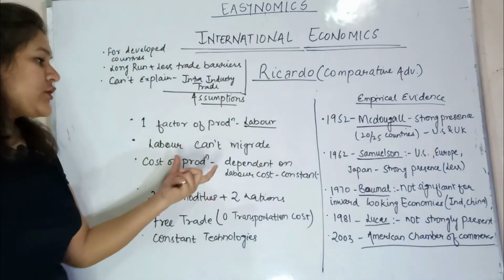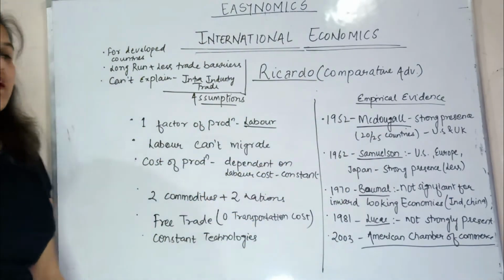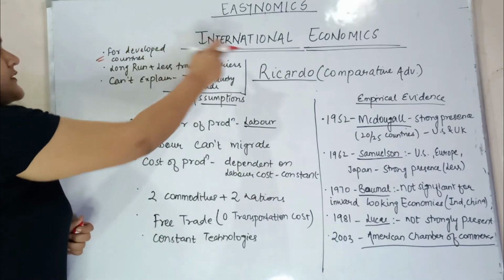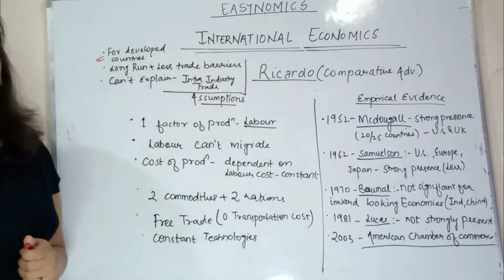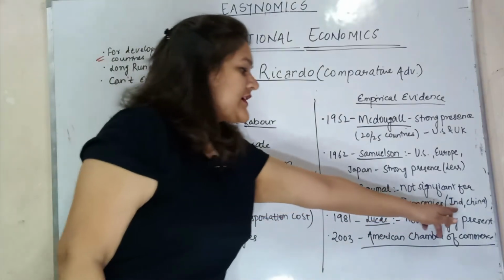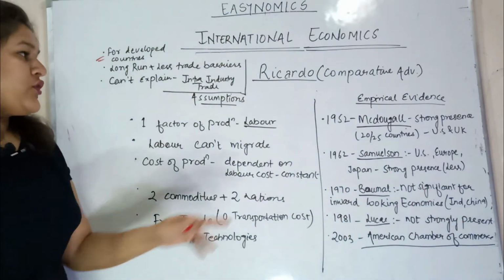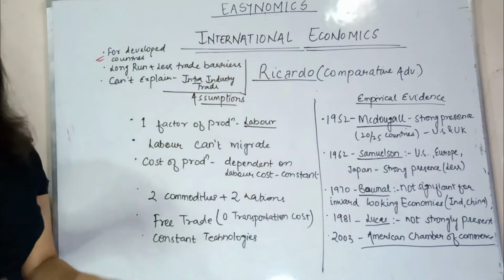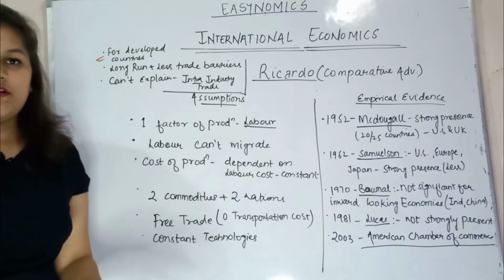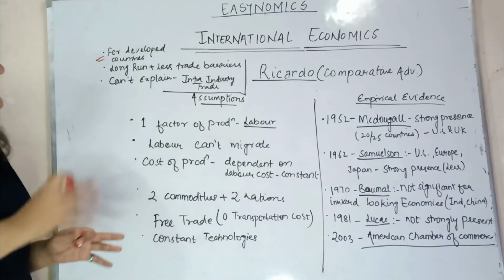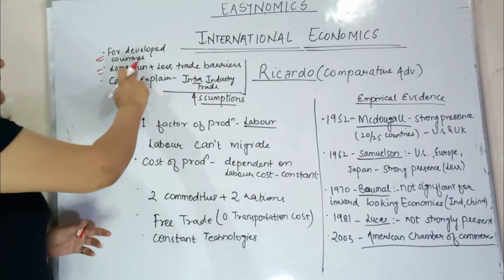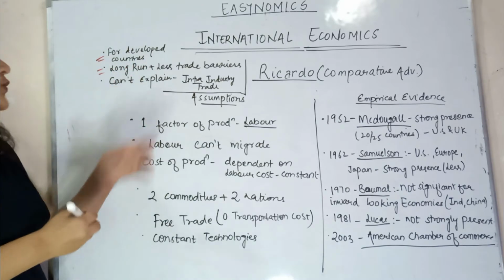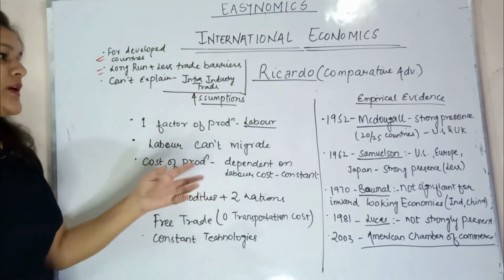So what we can conclude from this empirical evidence is that this theory is only for developed countries. Developing countries like India and China are not following the Ricardian theory, or they are not trading on the basis of comparative advantage. Only developed countries are doing that. This theory is applicable only in the long run with fewer trade barriers, like the US and UK.